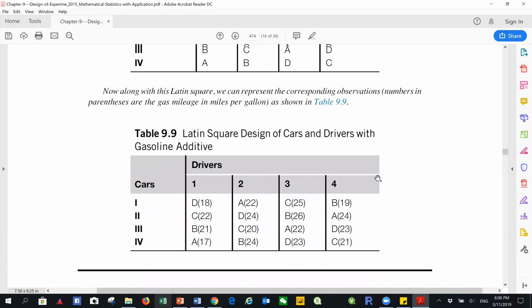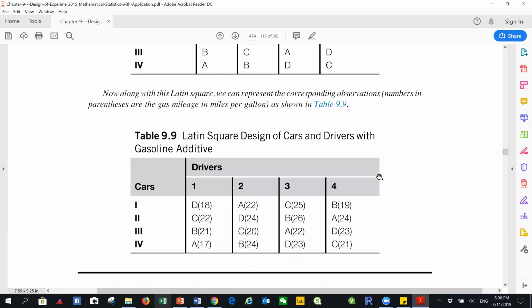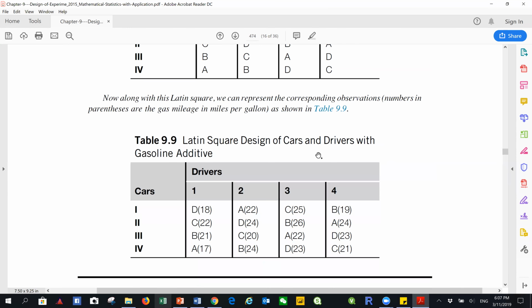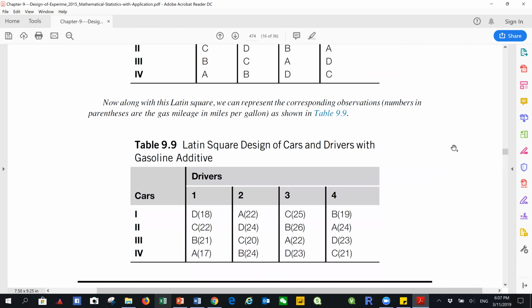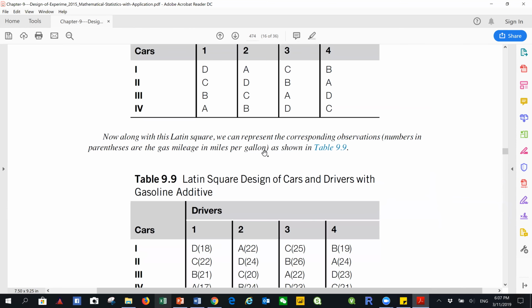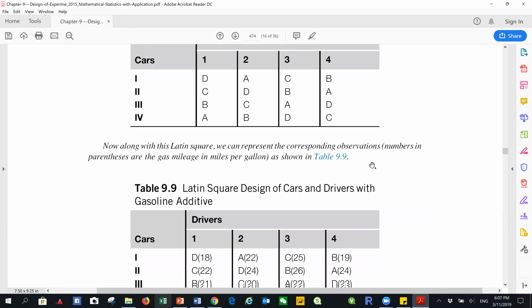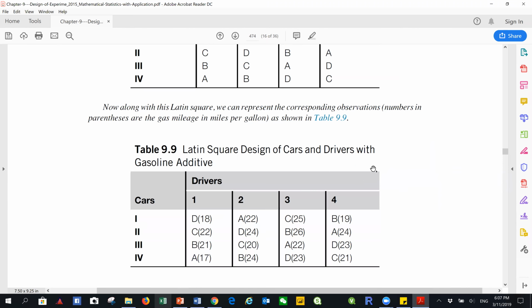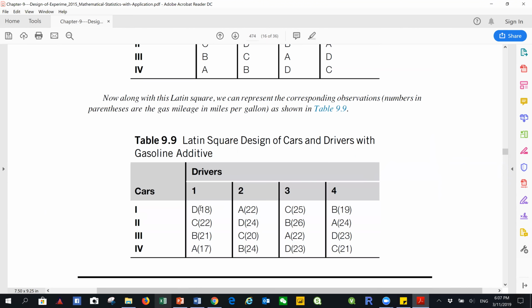Let's see. What is the gasoline additive? What is this number? Let me see. Now, along with the Latin square, we can represent the corresponding observations. Numbers in parentheses are the gas mileage. Okay, so now here comes the test result.